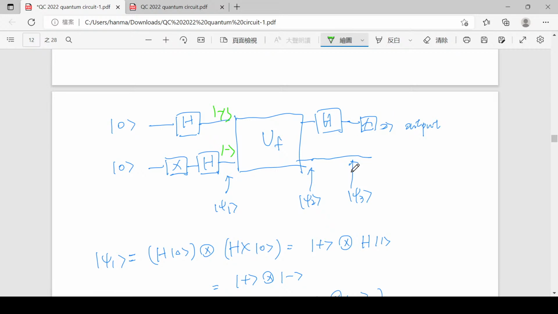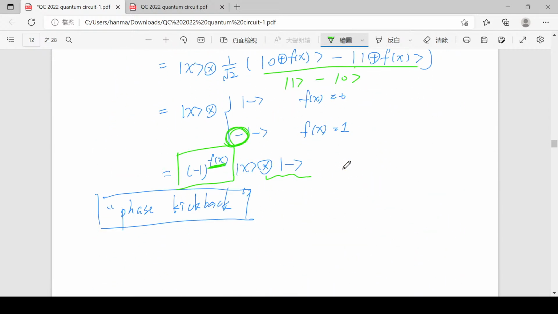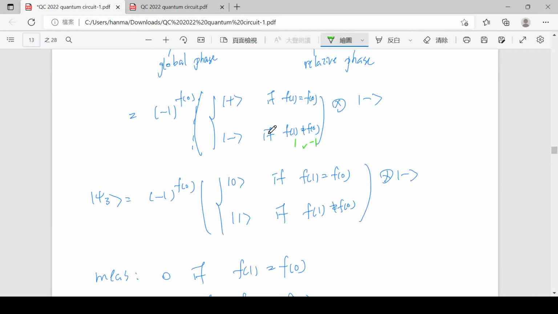And finally, at the last part of the algorithm, basically we don't do much. We do a Hadamard, so we just turn this plus and minus into a 0 and a 1, so we can do measurement, because we measure in the computational basis. So in the last part, we do a Hadamard on this register. This becomes 0 and 1.